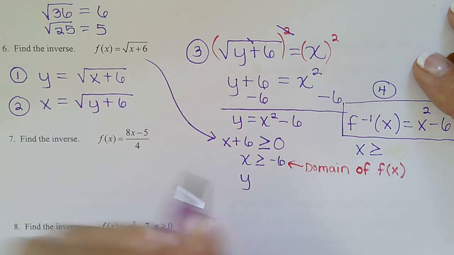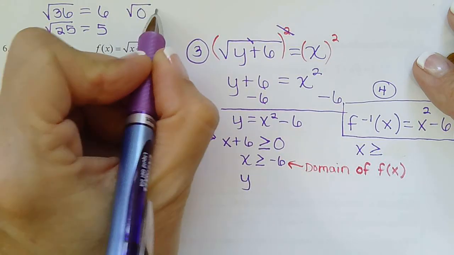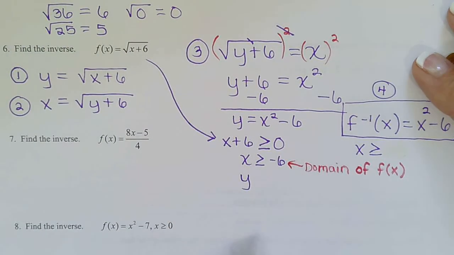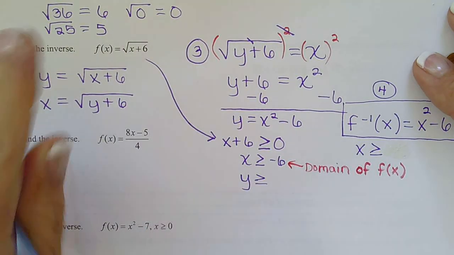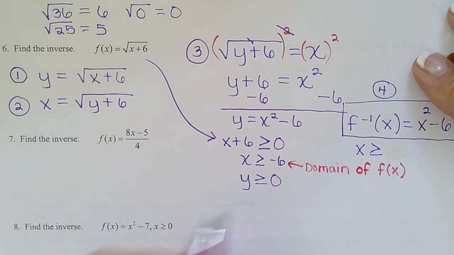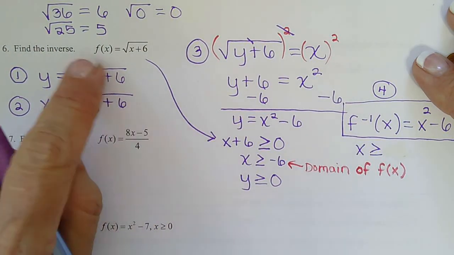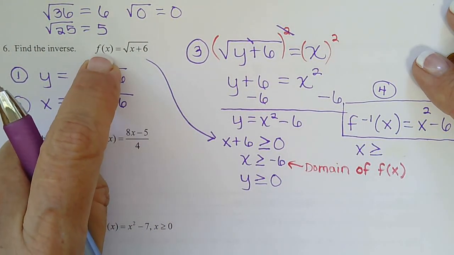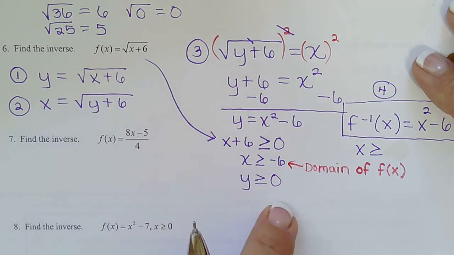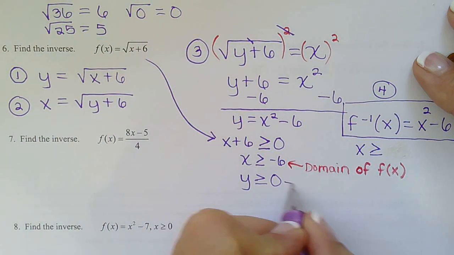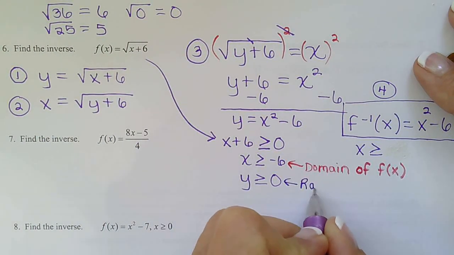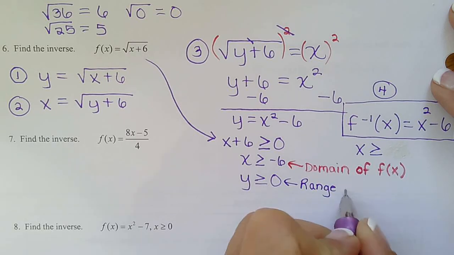They can also give us 0, because square root of 0 is 0, right? So y, the f of x, must be greater than or equal to 0. I can get 0, I can get a positive, but I can never get a negative answer for y. So this is the range of f of x.